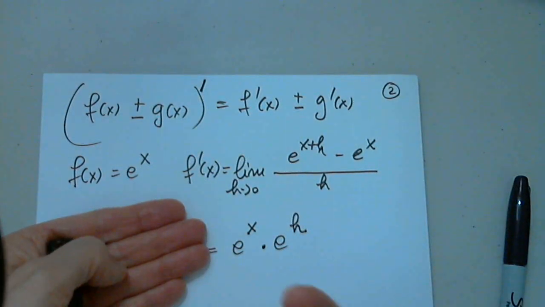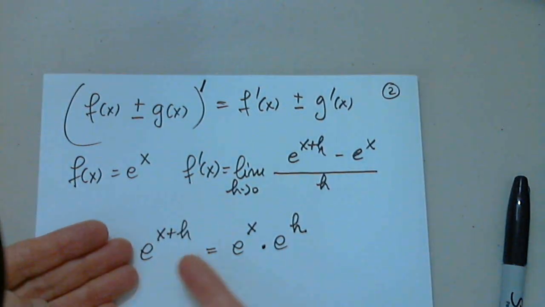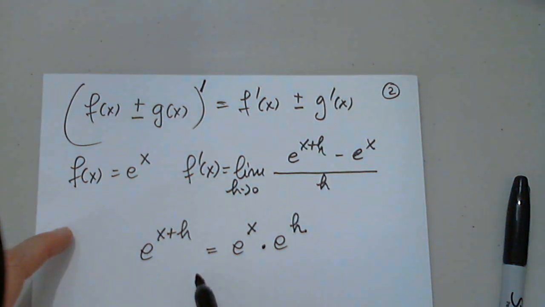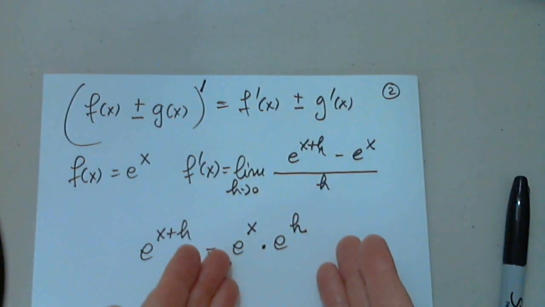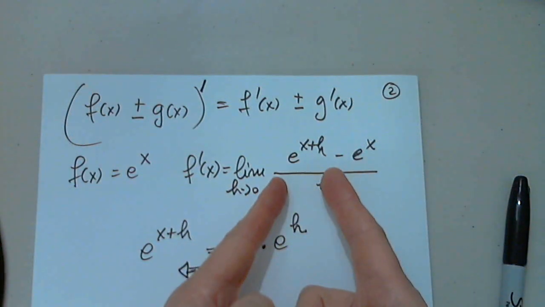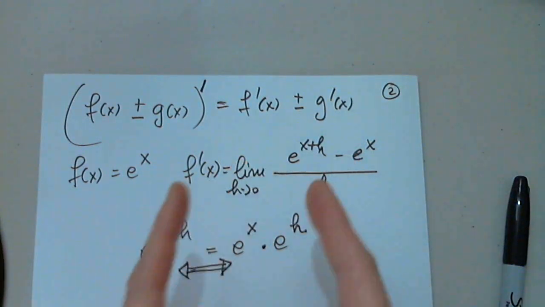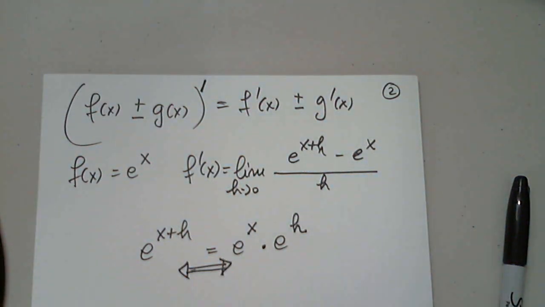How do we know? Well, if I'm given e to x times e to h, I copy the base and I add the exponents. So I always like my students to know that this is a dynamic relationship. This can be changed into this and this can be changed into this. I need this form here. I can't proceed without changing this expression into this expression.